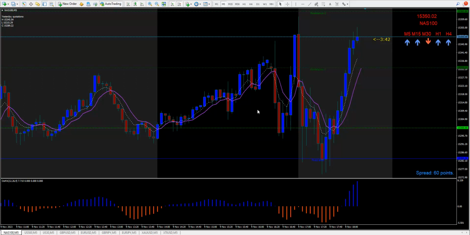Now, if you sold right here, well, let me show you the divergence first. It's right here like this. Actually, it even goes farther up to the top of the wick. There we go. And right here like this. Okay, there was divergence.